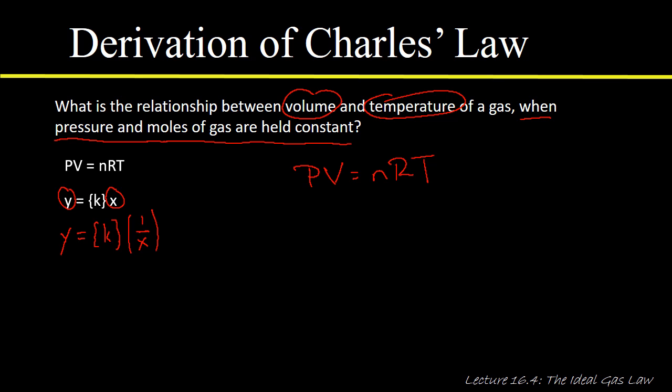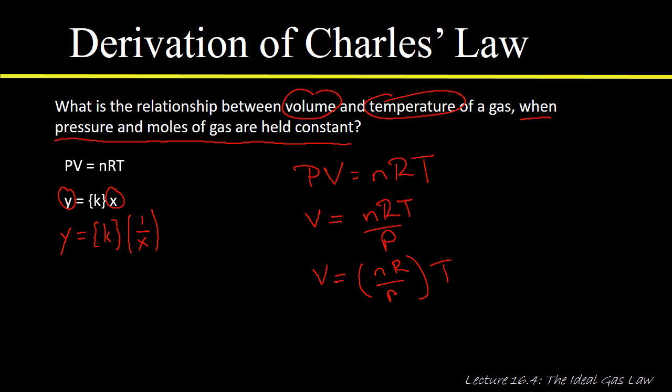And so we want to isolate volume and make that the only value on the left. We can get volume by itself on the left if we divide both sides by P. So this means volume is nRT over P. And if we want to get temperature by itself, let's do this. Volume equals nR over P times T.